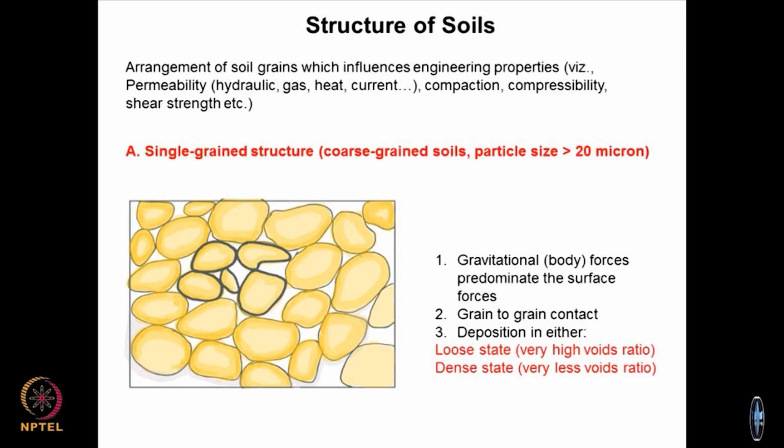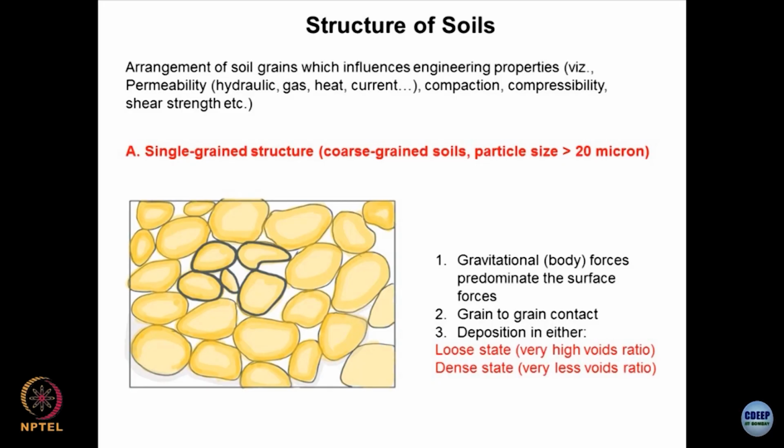On the other hand, when the system is quite loose, the void ratios are going to be very high, the porosity is going to be extremely high and the system becomes highly conducting. I am talking about only gas conductivity and hydraulic conductivity. Heat, current, electromagnetism are different processes, let us not confuse over there.